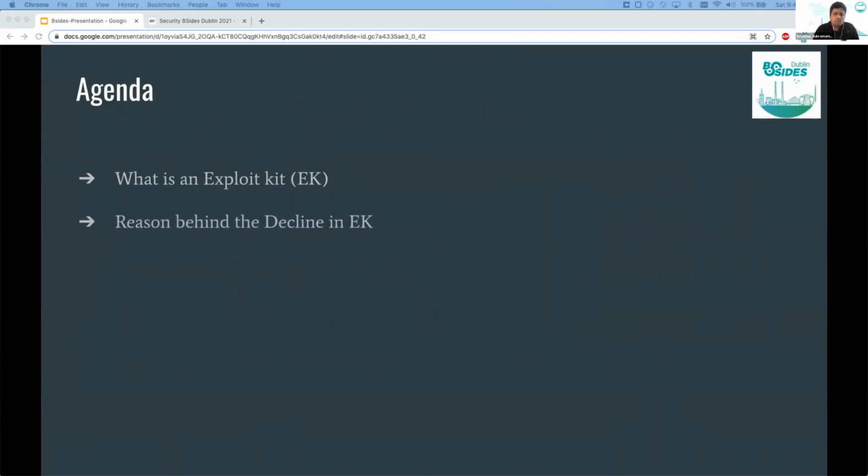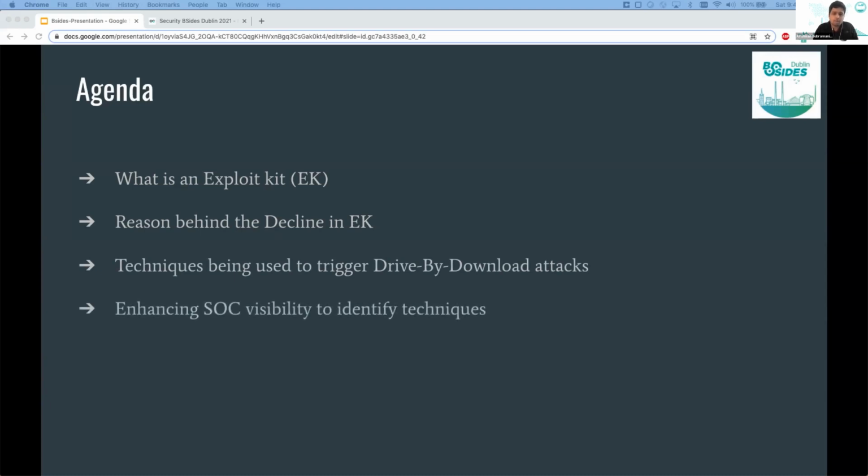Next, we will talk about the decline in exploit kit activity over the years and provide a perspective on why this is the case, followed by the core content of the talk, where we delve into the current techniques and mechanisms being used by attackers to carry out drive-by download attacks, and conclude with some insight into how to gain visibility and defend against these techniques from a SOC team standpoint.